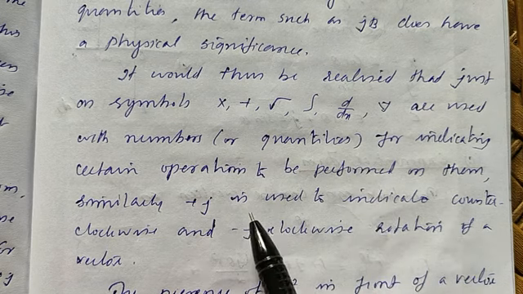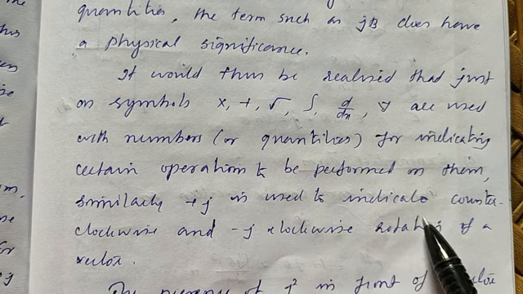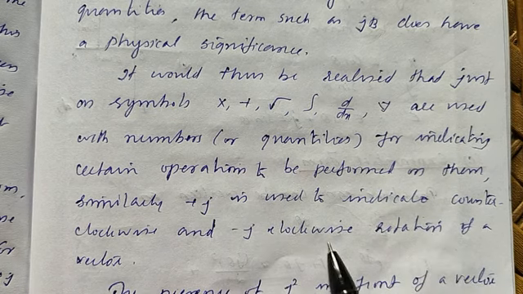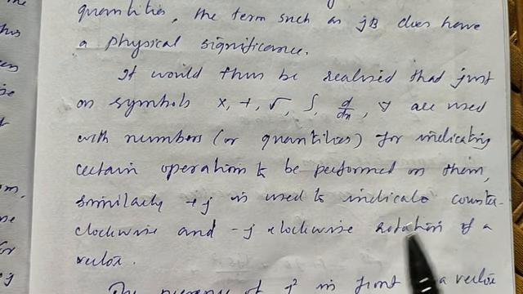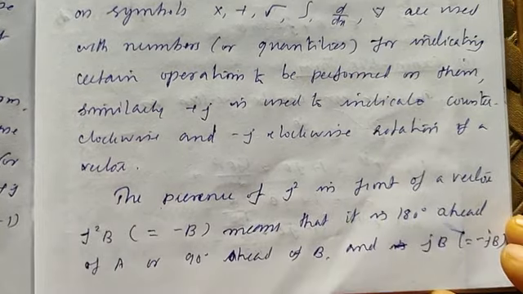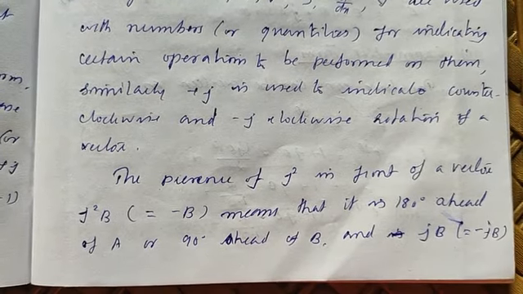Similarly, plus j is used to indicate counterclockwise and minus j clockwise rotation of a vector. So j is an operator and its operation is a clockwise or anti-clockwise direction according to its sign. That's what it simply means.